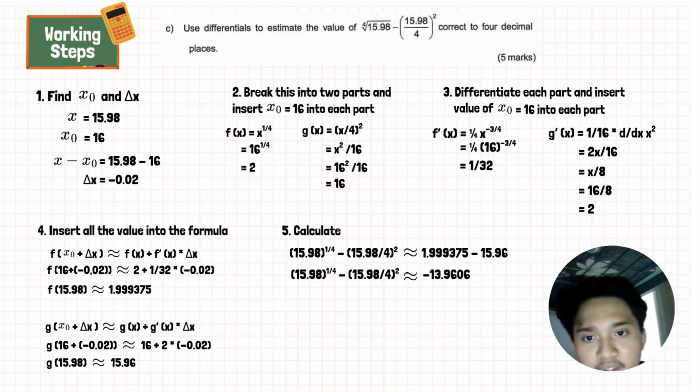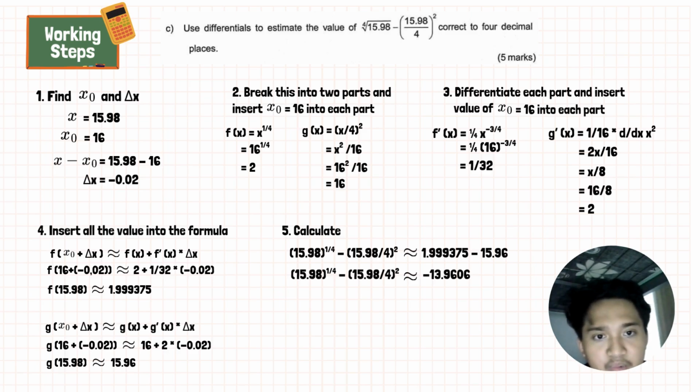And then we substitute the value 16 into x, which gives 16^(1/4), and then we get the value 2. And for the g(x), we have (x over 4) squared, and then we get x squared over 16. Then we substitute the value 16 into x, we get 16 squared divided by 16, and then we get 16.